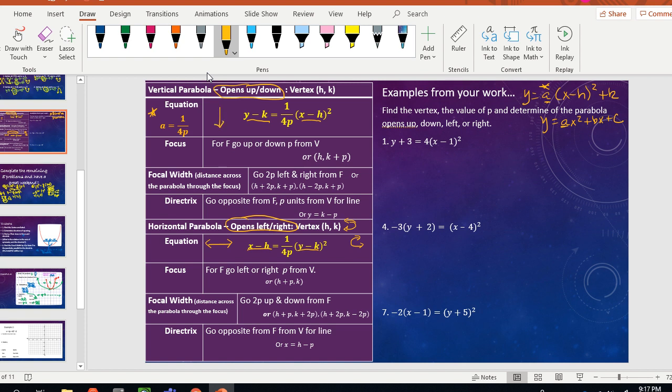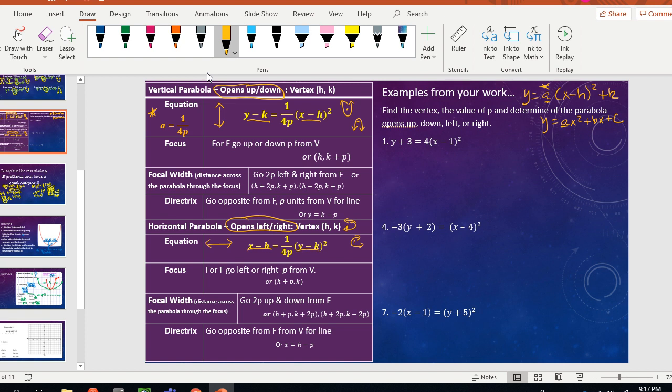Remember, y-axis goes this way. So it opens up, or it opens down if it's negative. Up for positive, down for negative, okay? The other thing to remember is that your focus is always located within the parabola itself. So every one of these, that's where the focus would be, somewhere on the interior.